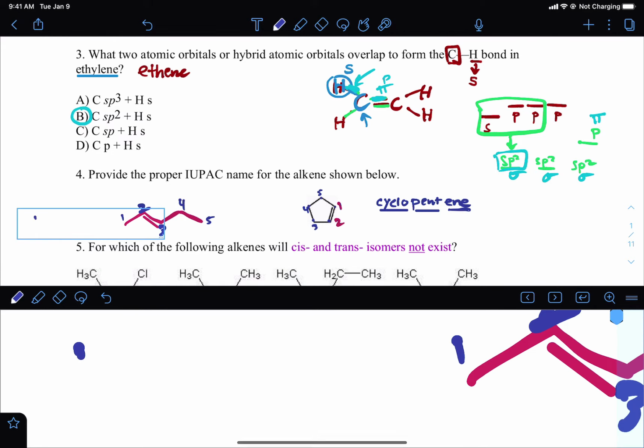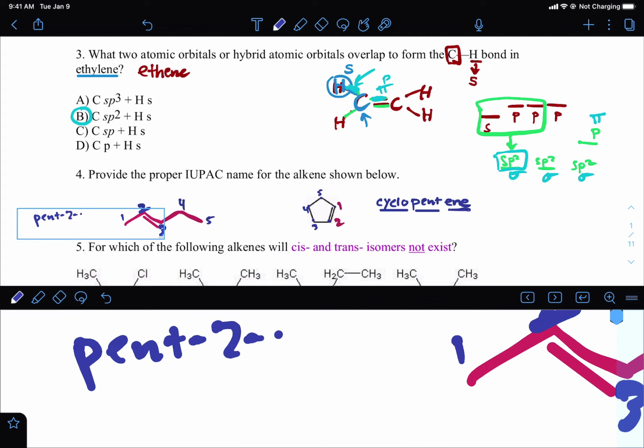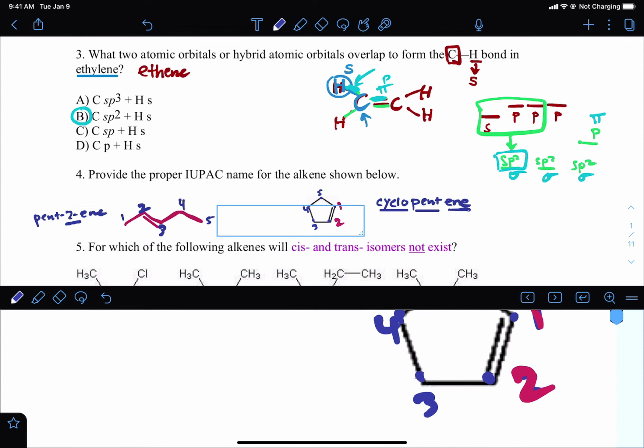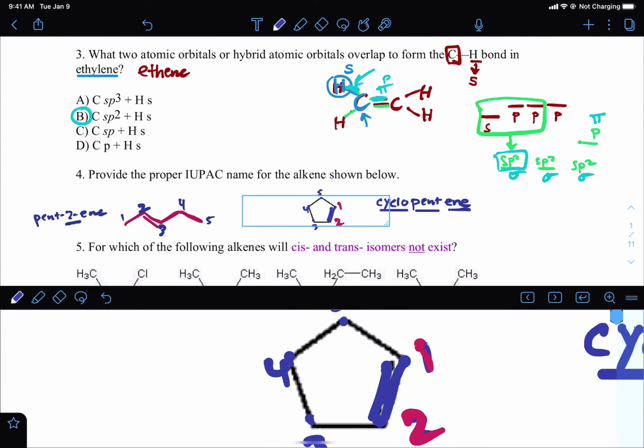So this would be pent-2-ene. So now the location of the double bond is relevant because it could be in different positions. It could be between the 1 and the 2, or between the 2 and the 3. Those are two different options. With the ring, it always by definition starts on the 1, unless there's something else going on. But with just a plain old boring ring, it always starts on the 1.